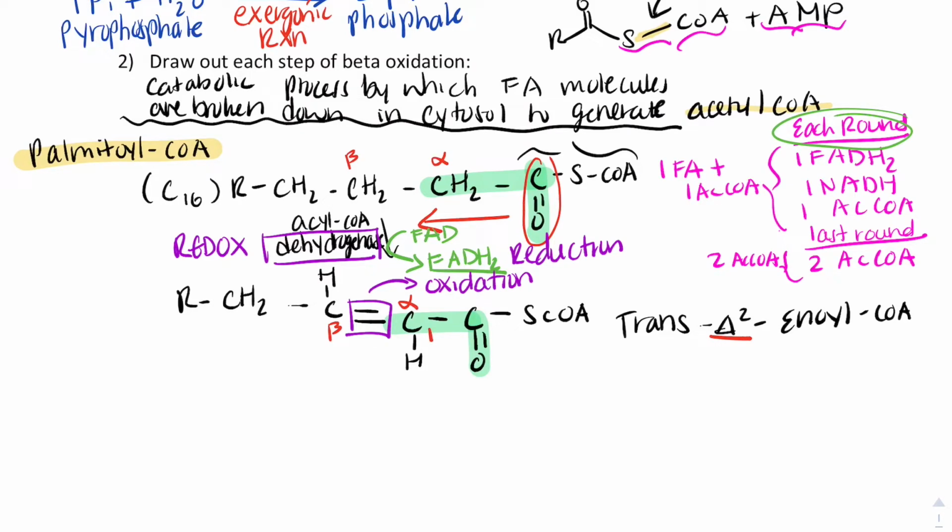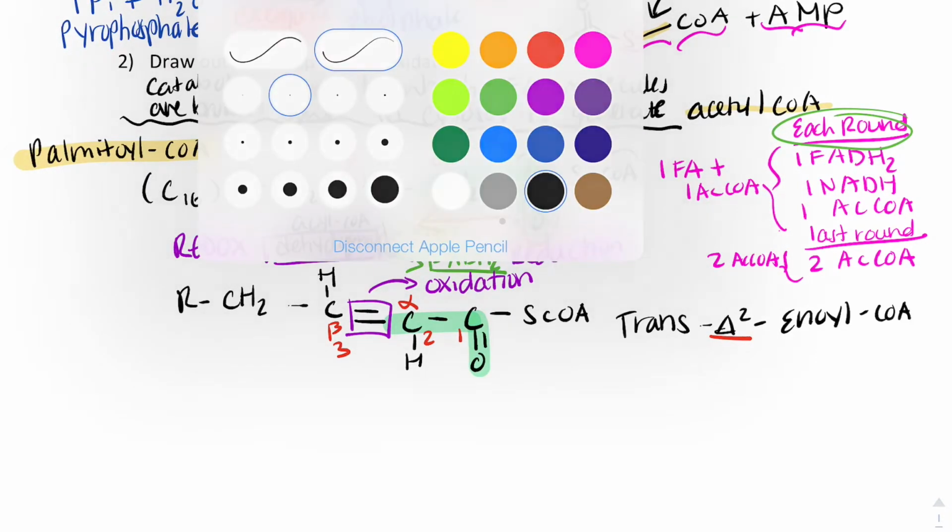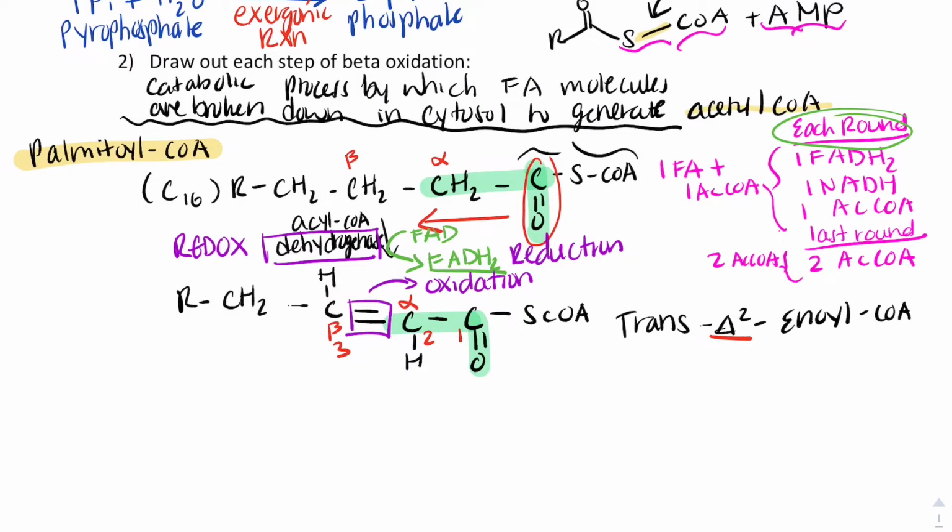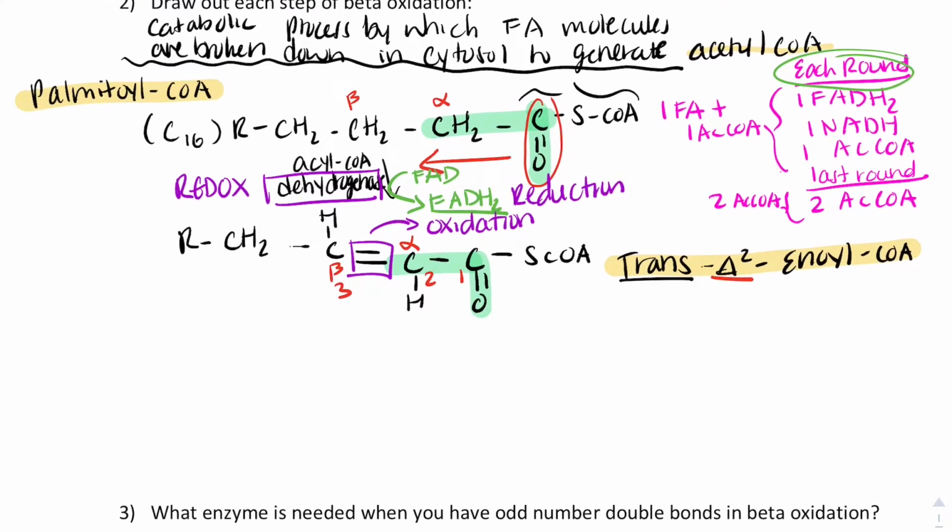There's a delta 2 because at the second position, 1, 2, 3, is where we see that double bond. This will go into a later discussion, but because we are in the trans form here, we can proceed with the oxidation.